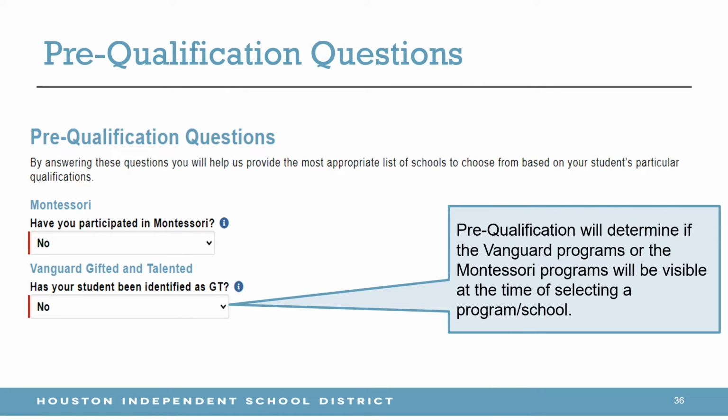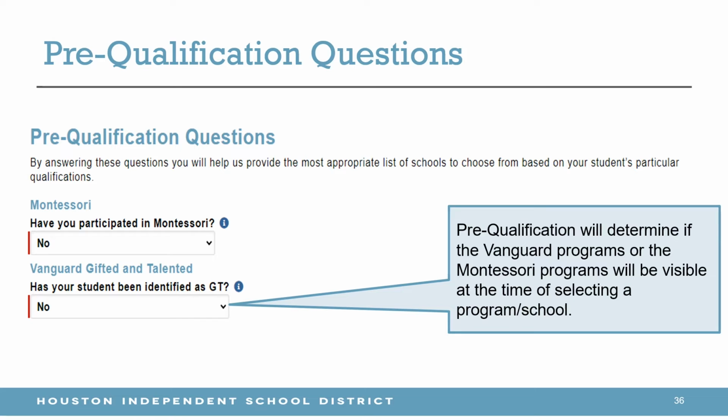Pre-qualification questions. By answering these questions, you will help us provide the most accurate, appropriate list of schools to choose from based on your student's particular qualifications. If you answer yes to the Montessori or Vanguard question, you will see the schools offering the Montessori or GT programs. If you answer no, those schools will not be available.